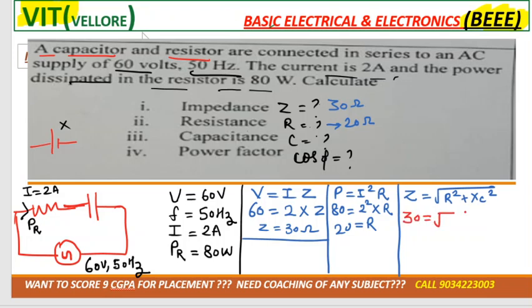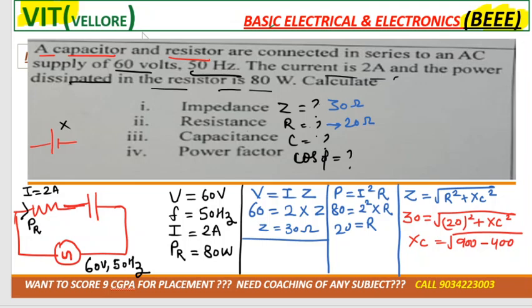Do you know R? 20. So XC is root of 30 squared minus 20 squared, which is 900 minus 400.